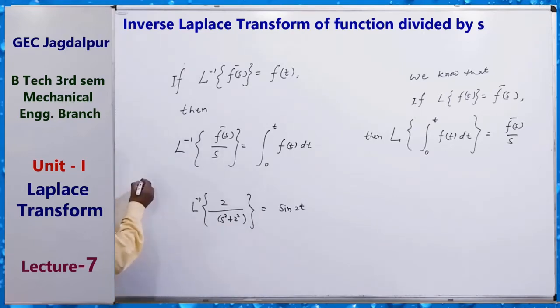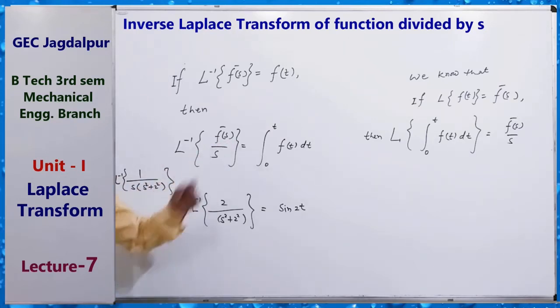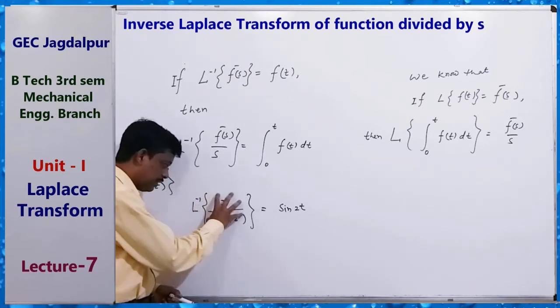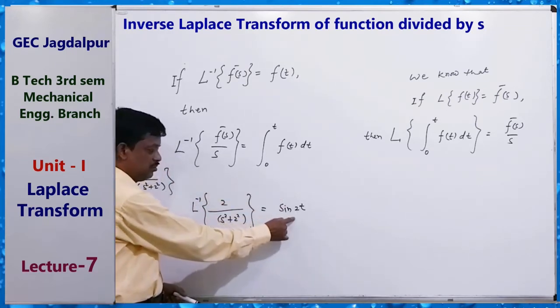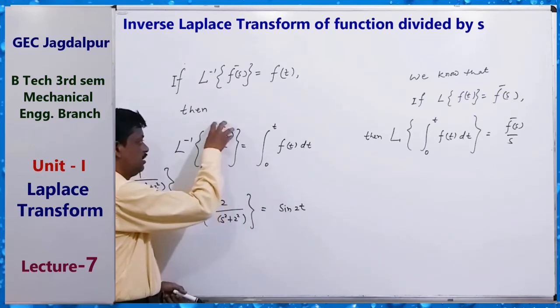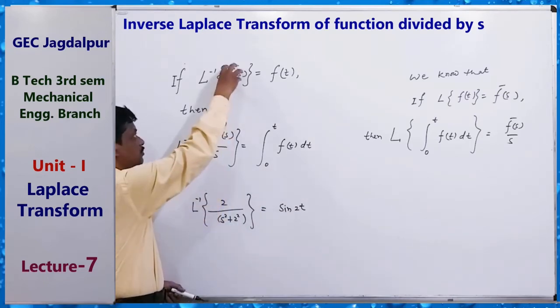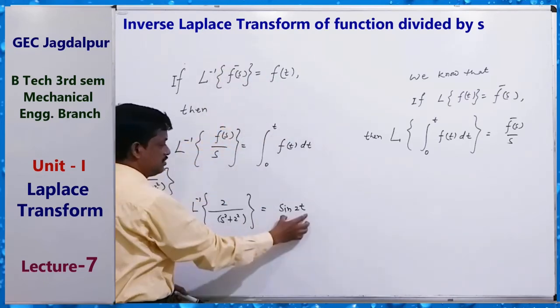But we have to find what? 1 upon s square plus 2 square. Find the inverse Laplace transform of this. How can you find it? By using this formula. Because we know L inverse of Fs equals sine 2t.